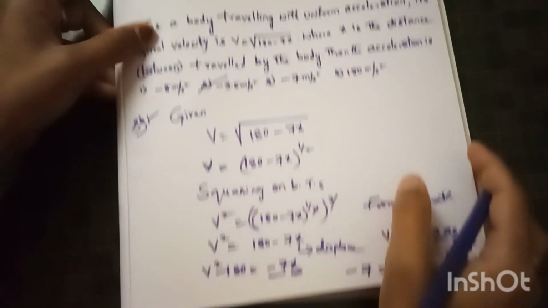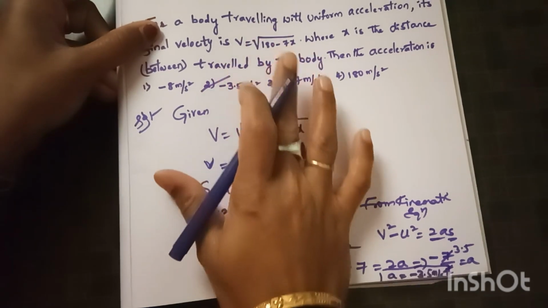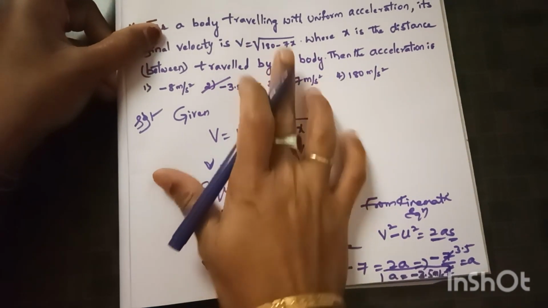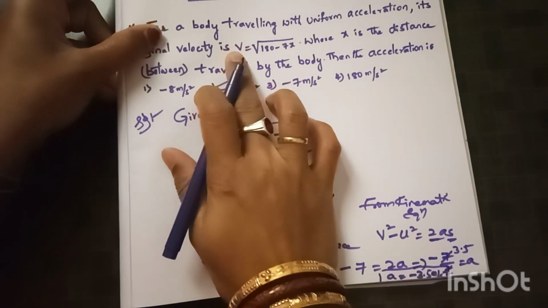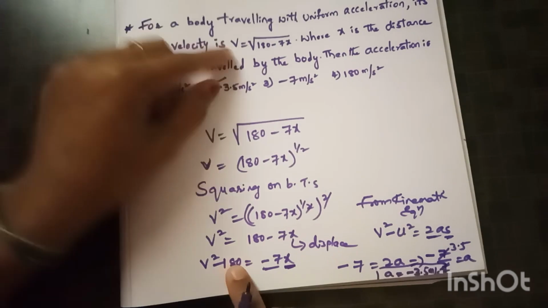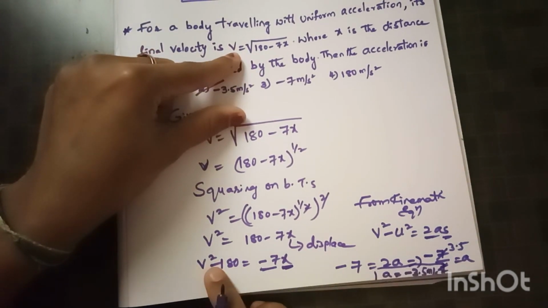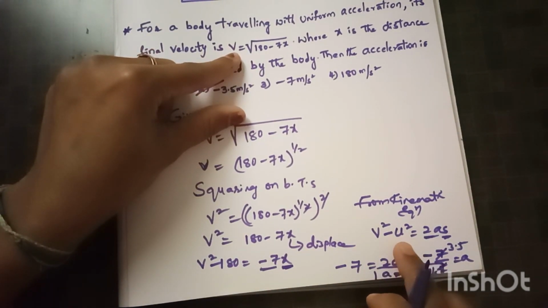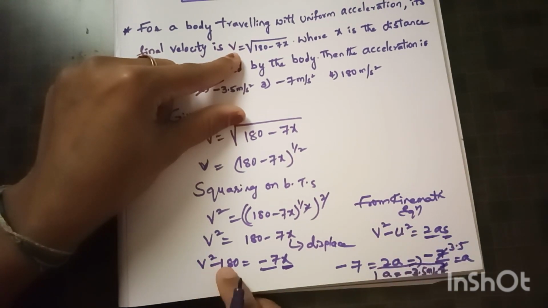When the problem is given in this form, first you should convert the given term and compare it with the kinematic equation related to that term. This v square is related to the third kinematic equation, v square minus u square equals 2as.